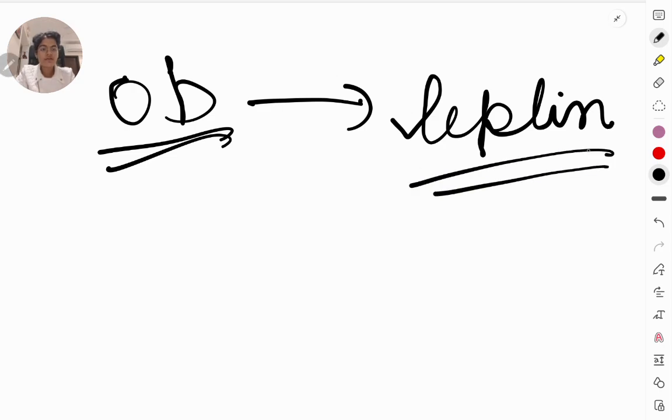Leptin is a body weight regulating hormone, and it binds with the receptor present in the brain, and it functions as lipostat.